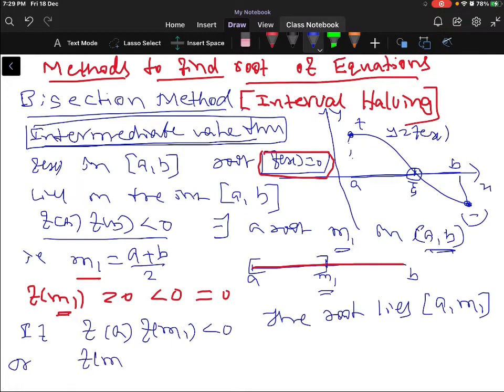Or if f of m1 into f of b is less than 0, then the root lies between the interval m1 comma b. Suppose f of m1 into f of b is negative, therefore the root lies in this interval m1 comma b.